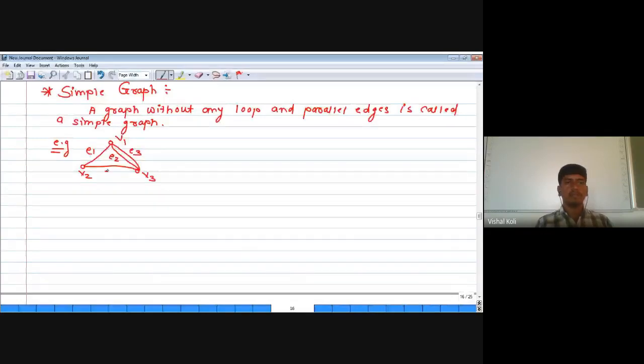This will be the graph G1. This will be the graph G2.